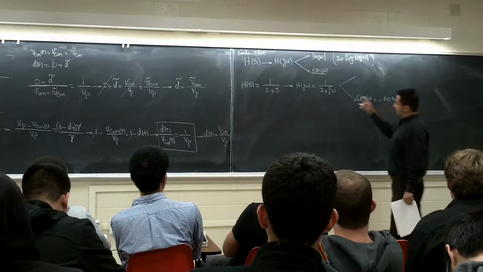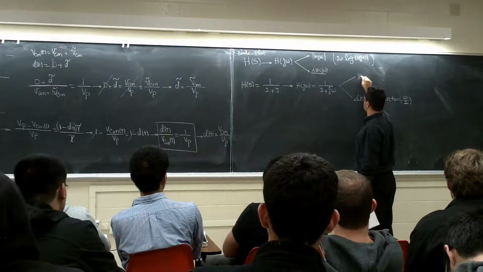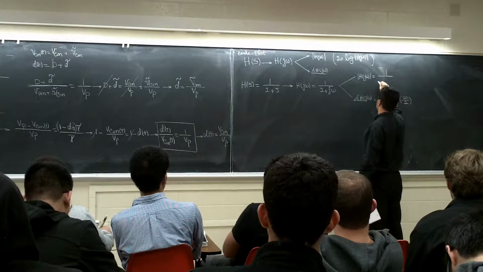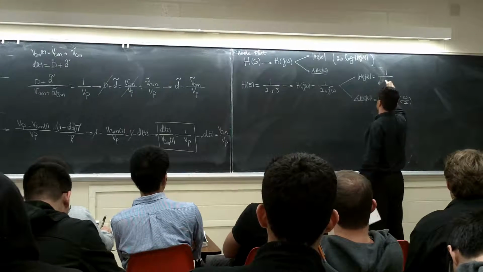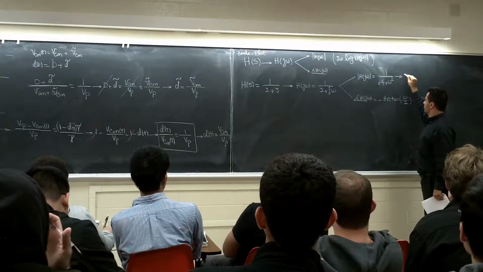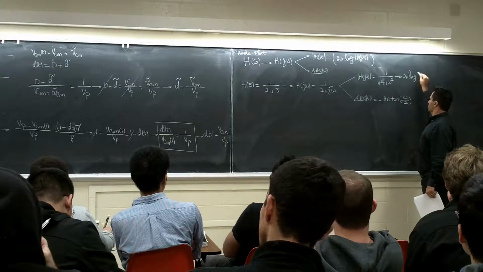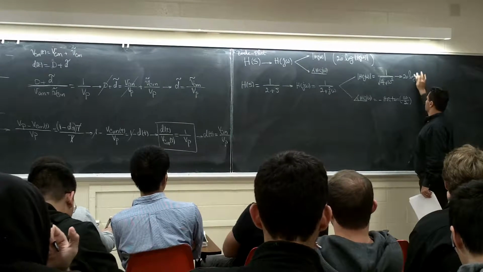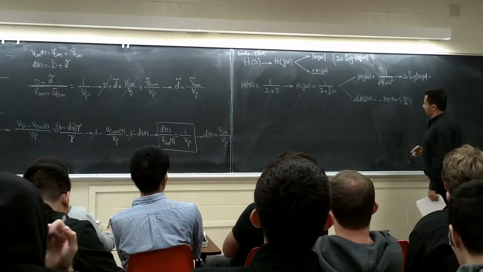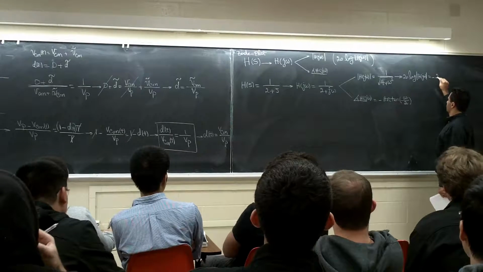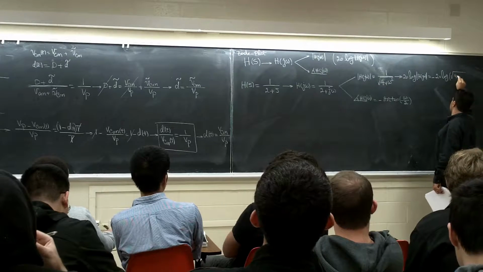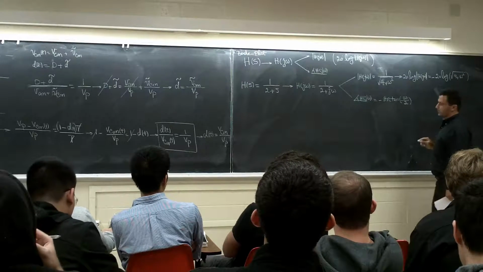And how about the magnitude? So basically this one is going to be 1 over the square root of 4 plus omega squared, right?